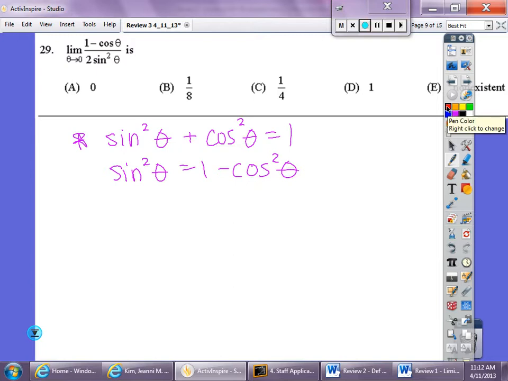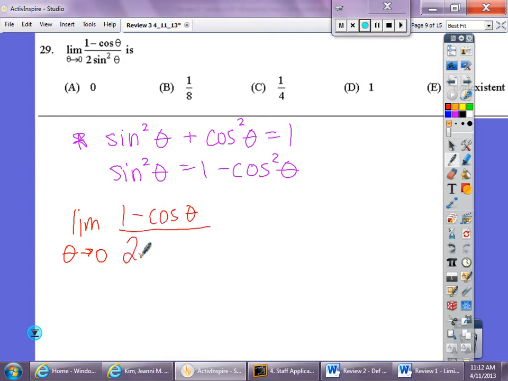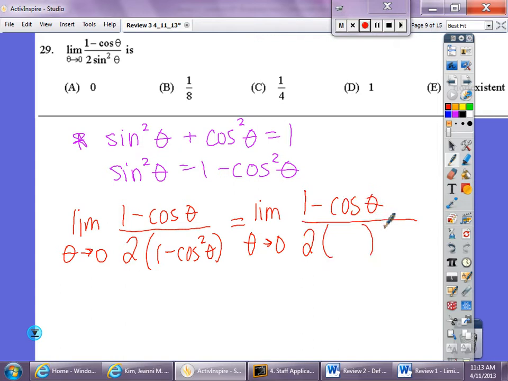If I could factor it, that would be great. I always think of factoring if I see squared terms. A lot of times that's the type of factoring that we talk about. So, as theta goes to 0, 1 minus cosine of theta over 2 times 1 minus cosine squared of theta. When I factor it, I have the 2, and then I have 2 factors, 1 minus and 1 plus.